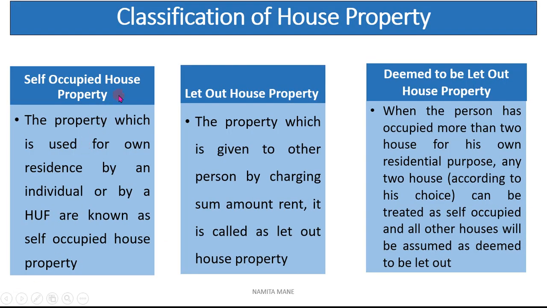Now first, in detail, we'll try to understand what is self-occupied house property. The property which is used for own residence by an individual or by a Hindu undivided family is known as self-occupied property.